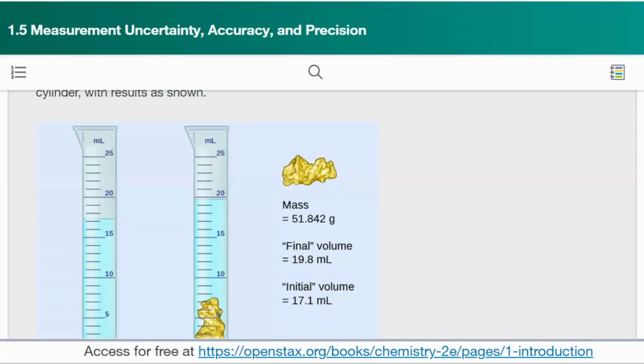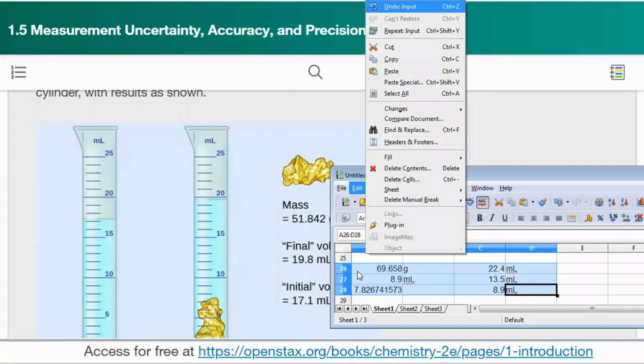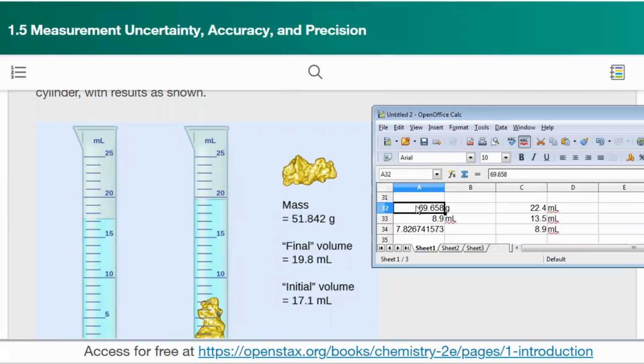We had practice the last time, we got it right, but that was tedious, but we'll do it again. I'm going to cheat a little bit here. I'm going to copy a template just so I could be a little bit quicker. So the mass is 51.842 grams. The final volume is 19.8. The initial volume 17.1.